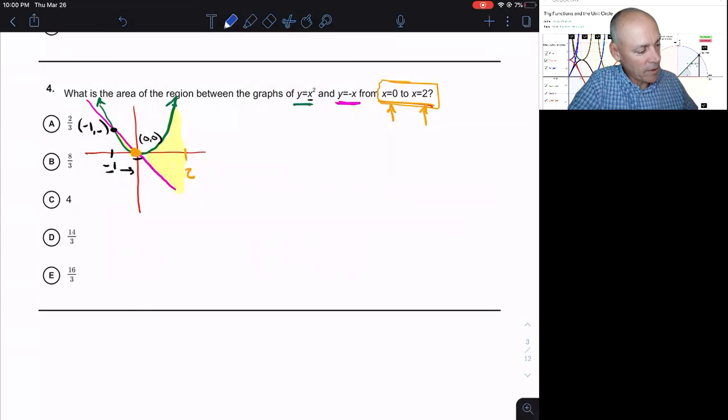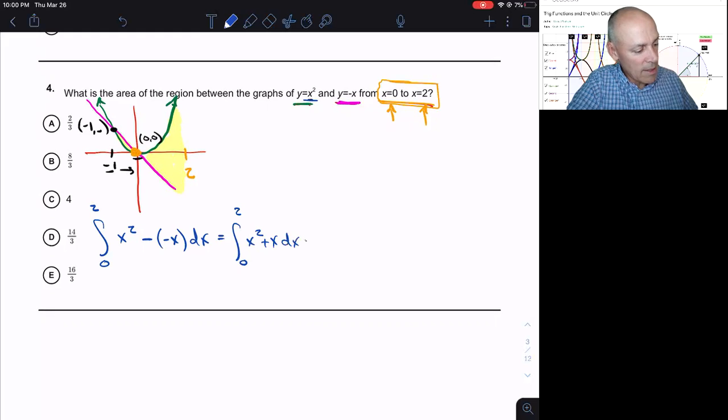So we're going to have a definite integral. Lower bound will be 0, upper bound will be 2. Our upper function is going to be x squared minus our lower function, which is going to be negative x dx. Quick little rewrite: from 0 to 2 of x squared plus x dx.